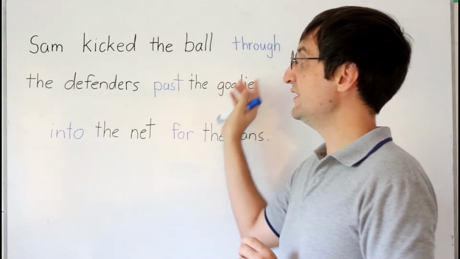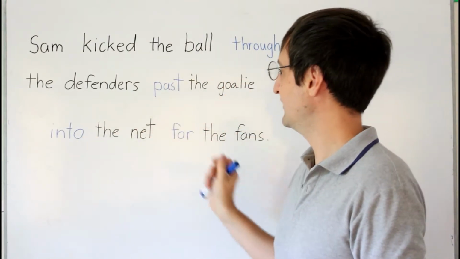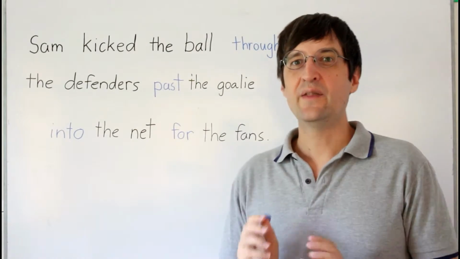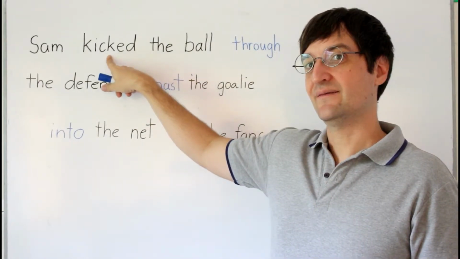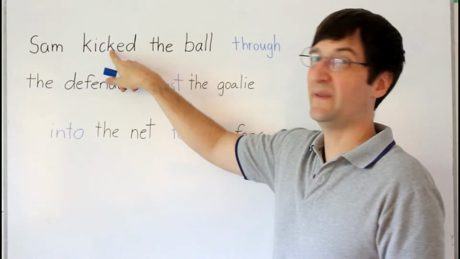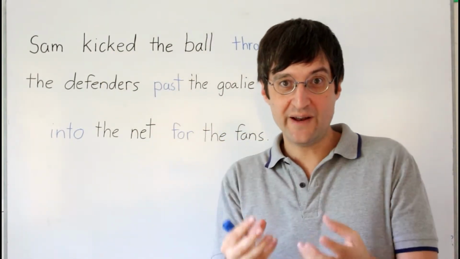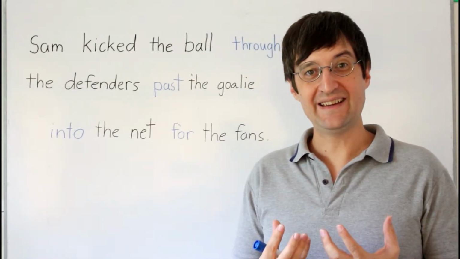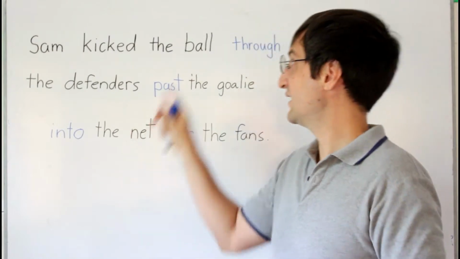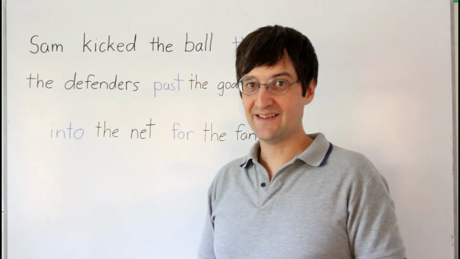All of these prepositional phrases, through the defenders, past the goalie, into the net, for the fans, are describing the verb kicked. They're talking about the verb kicked. So they're prepositional phrases acting as adverbs.